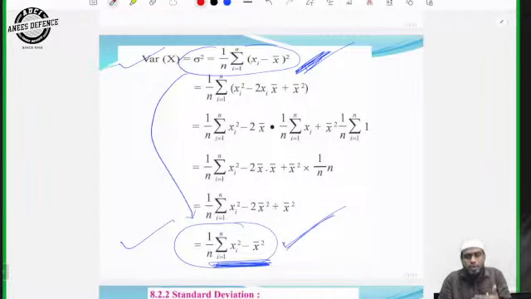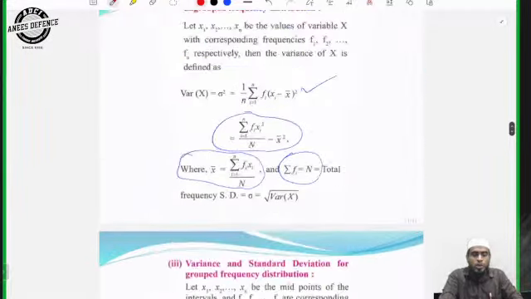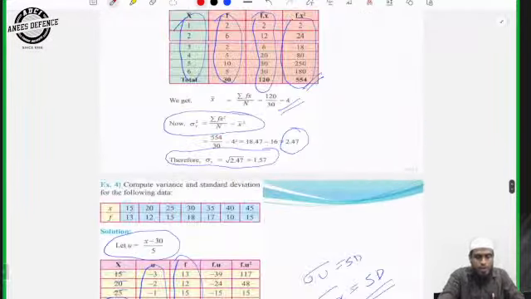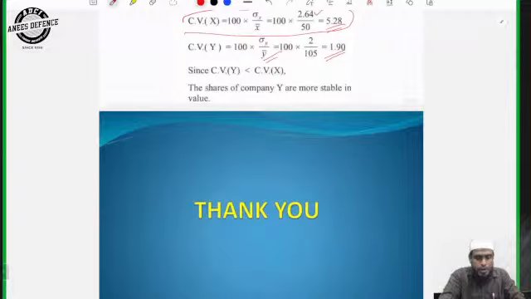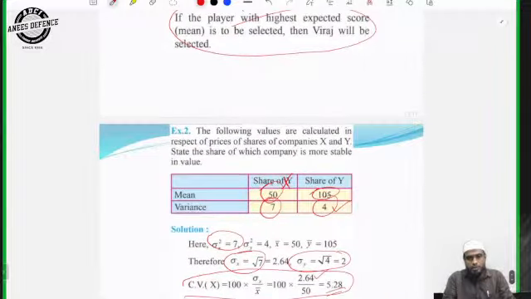Then what is the problem with variance and standard deviation? Variance is calculated for observations with identical units. We cannot calculate the variance and standard deviation for different observations with different units. That is a limitation. So that is why we are going for another parameter known as coefficient of variance. In the last example, we discussed two companies, X and Y. One is a textile industry, another is a washing machine company.